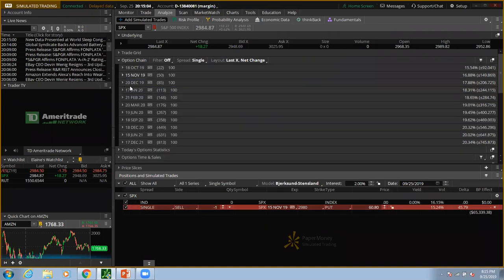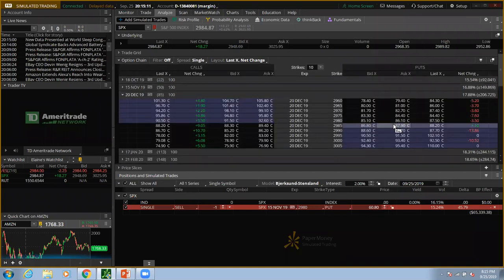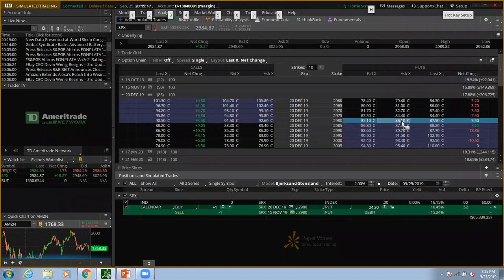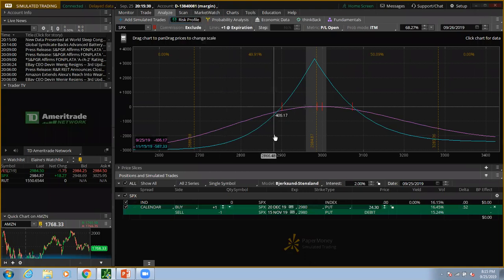Then I'm going to close November, go out to December, hold control down and hit the ask on the 29.80 put there. And so you see I've got a pair here. We're selling November 15th, we're buying December 20th. And so I'll look at my risk profile, and that's the trade.